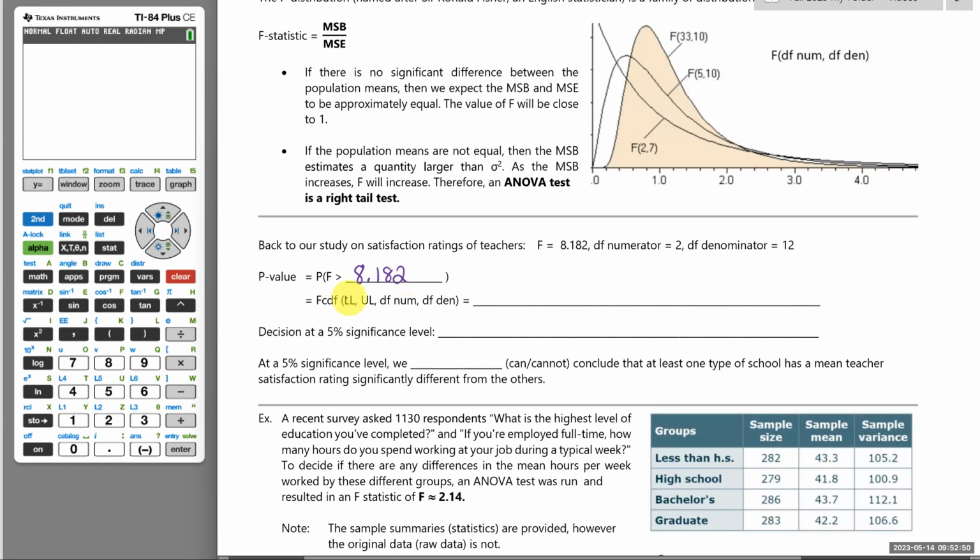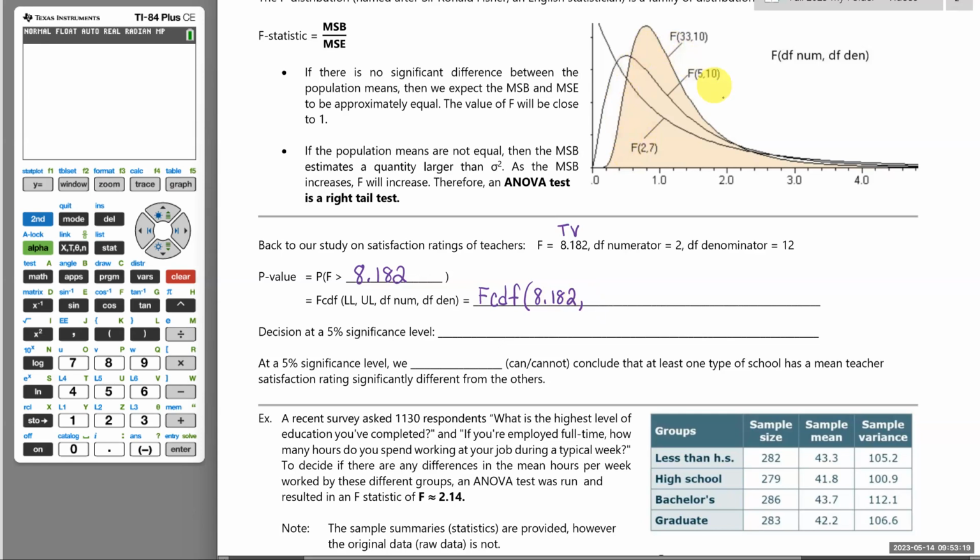So if we want to find that probability, now it's FCDF, and then we're going to have those 4 inputs. So let me write down what it will look like on our calculator. So F distribution, CDF will find area or probability. It's a right tail test, so our lower limit will be our test value or test statistic, so 8.182.